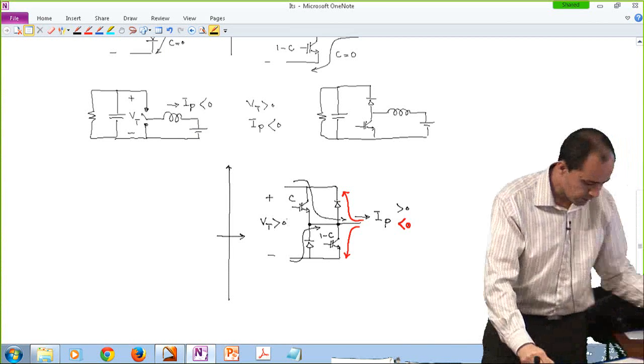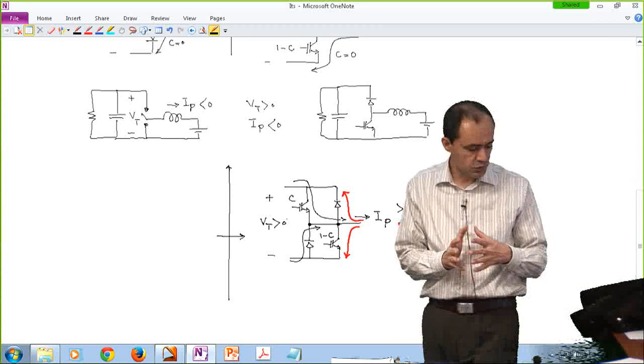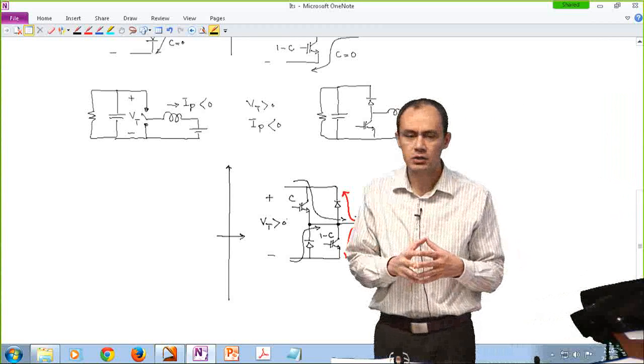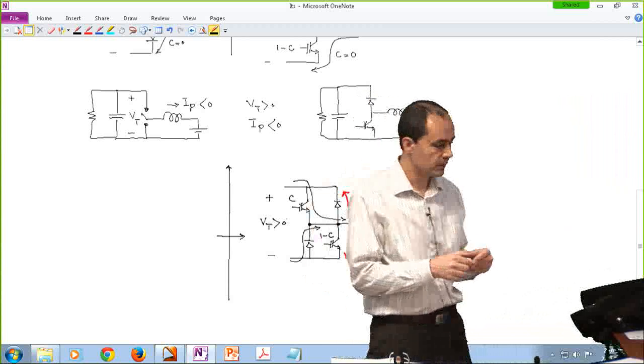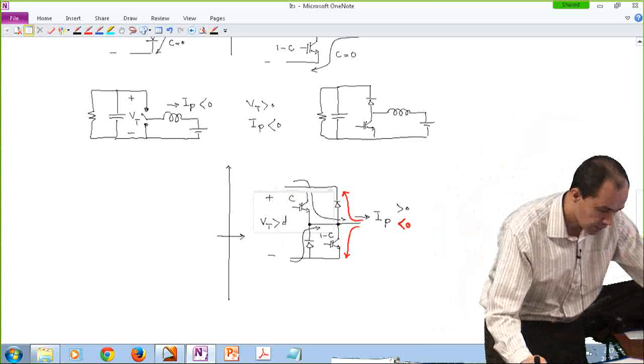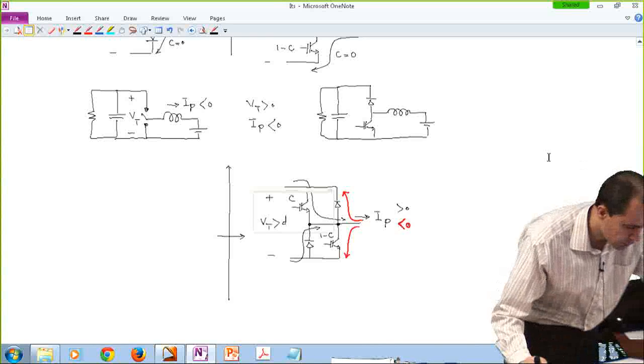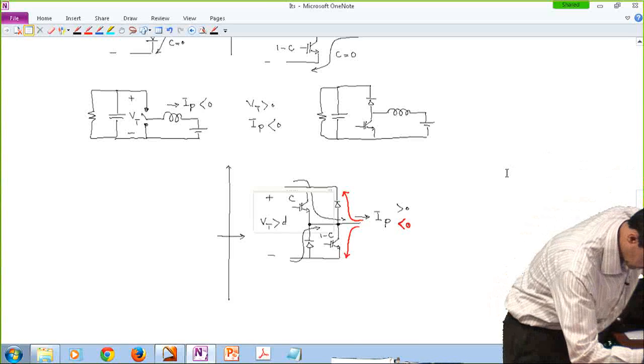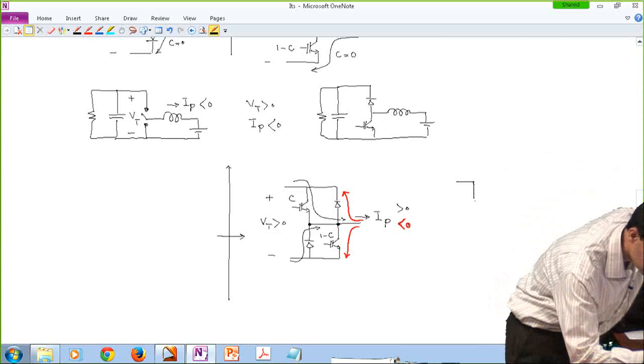All right. An example for this could be, for instance, a bidirectional buck converter. Okay. And so let me draw the bidirectional buck, and by the way, this could be redrawn. Let me just redraw it as this.